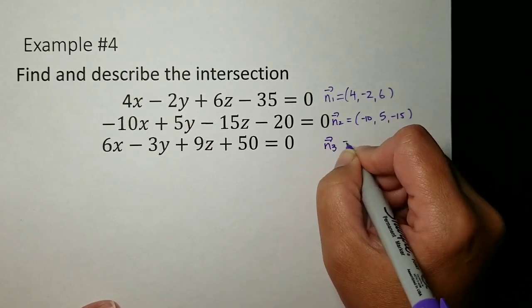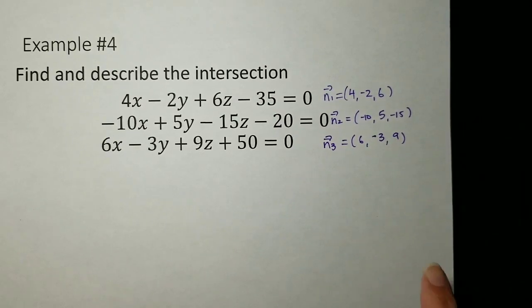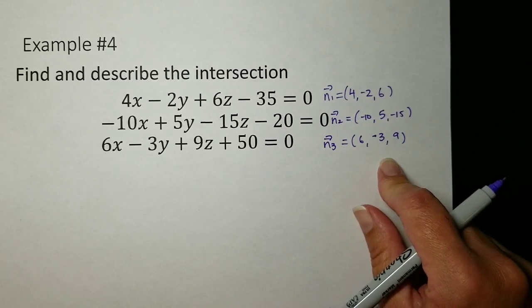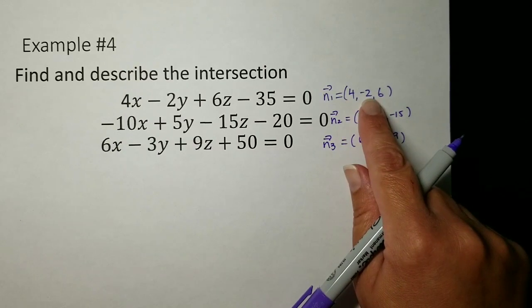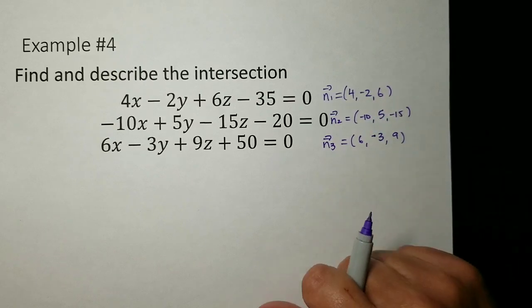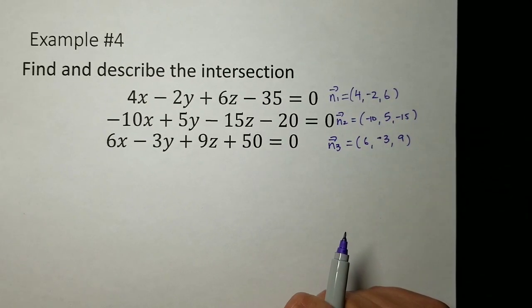And N3 is 6, negative 3, 9. So hopefully you see a pattern here: the x coordinate is double the y coordinate, or negative 2 times, and the z coordinate is negative 3 times, the same scalar multiple.